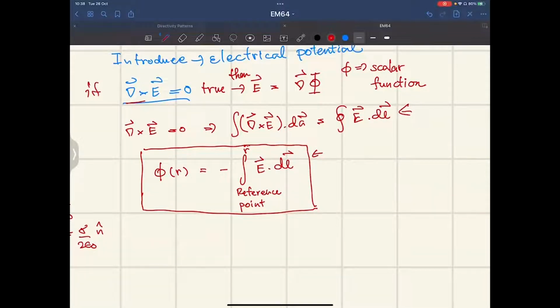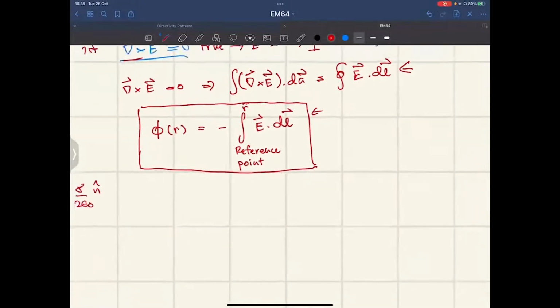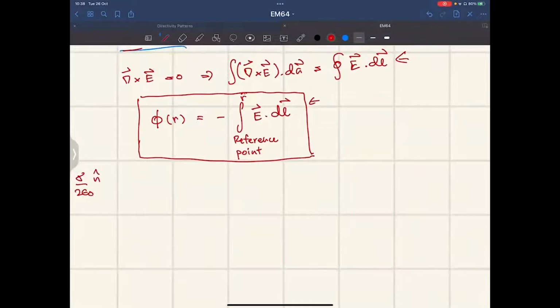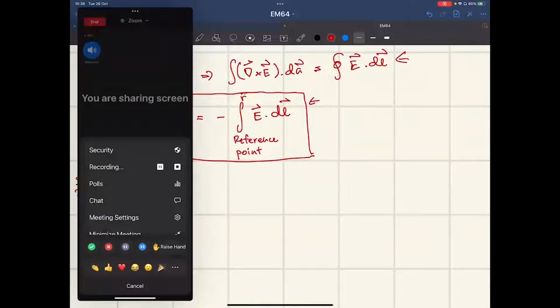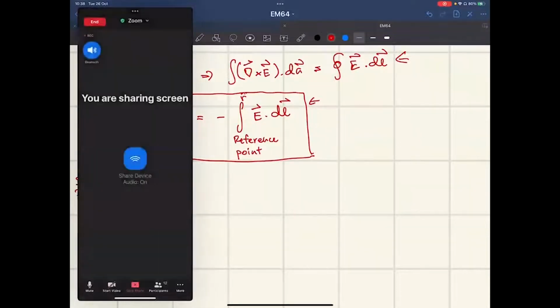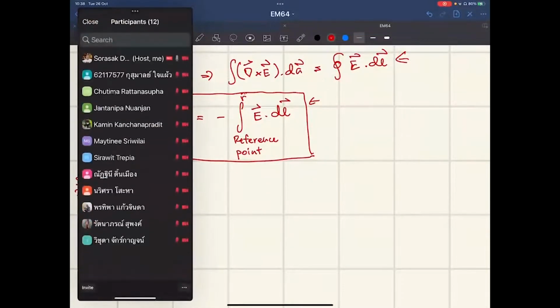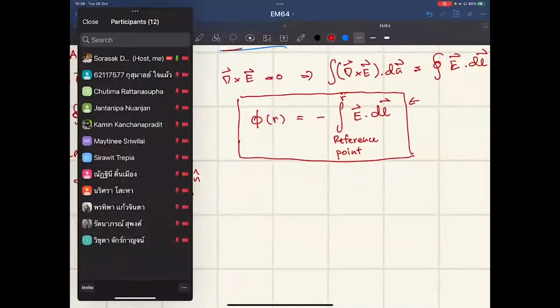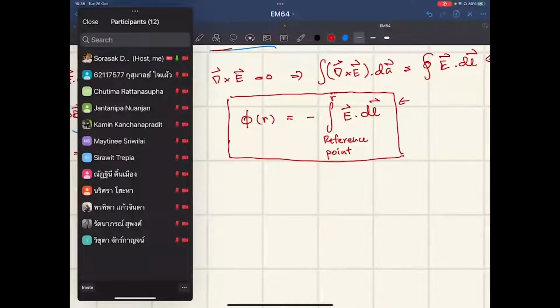Okay, you guys are just quiet. Let me call your name. Metini, are you still there? Can you tell me how this equation arises? How are you going to derive it?